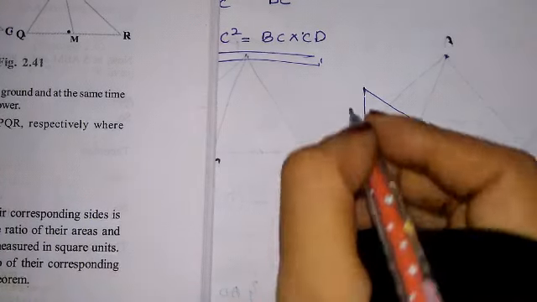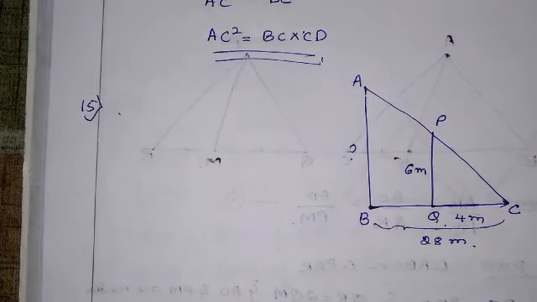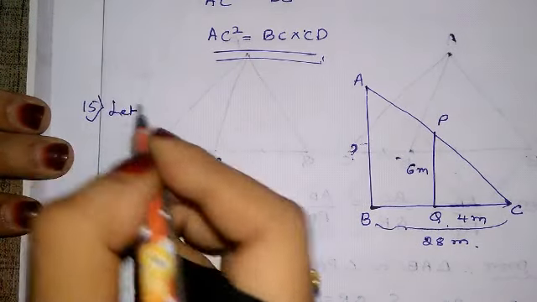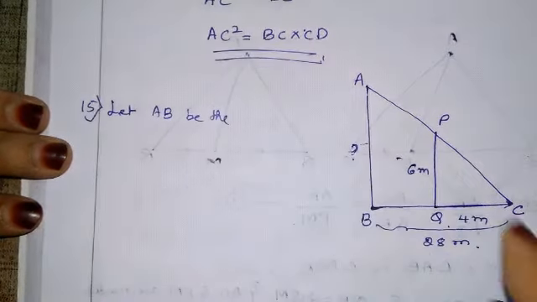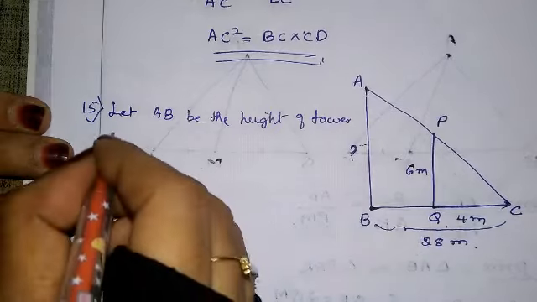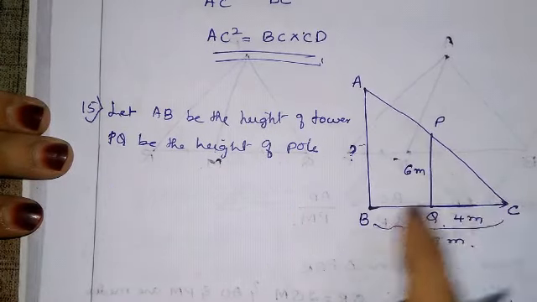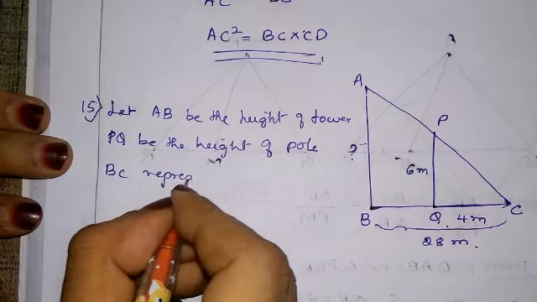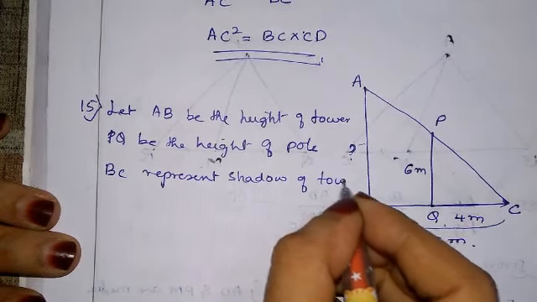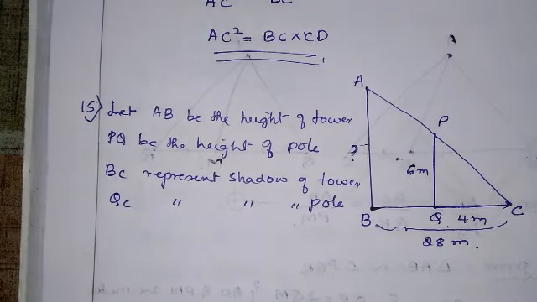We will just name it A, B, C, P, Q. Here we will assume let AB be the height of the tower and PQ be the height of the pole. BC represents the shadow of the full tower, and QC represents the shadow of the pole. This is just the assumption part.